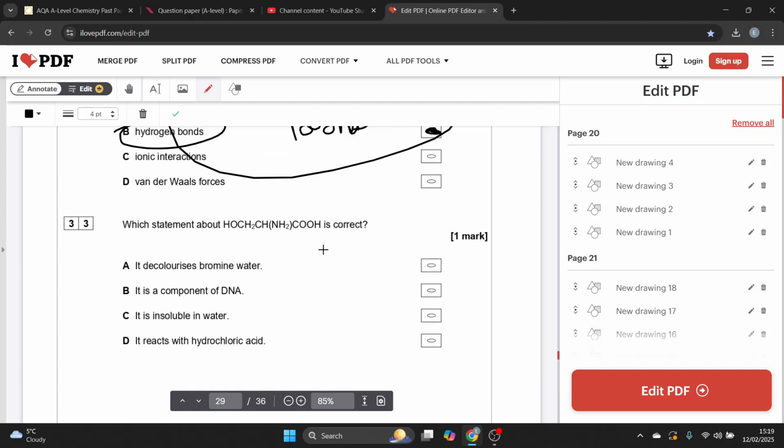Question 33. Which statement about this is correct? It decolorizes bromine water. It reacts with HCl. Definitely doesn't decolorize bromine water. Where's the carbon-carbon double bonds? I can't see any. All I can see is C double bond O bonds. It is a component of DNA? Insoluble in water?